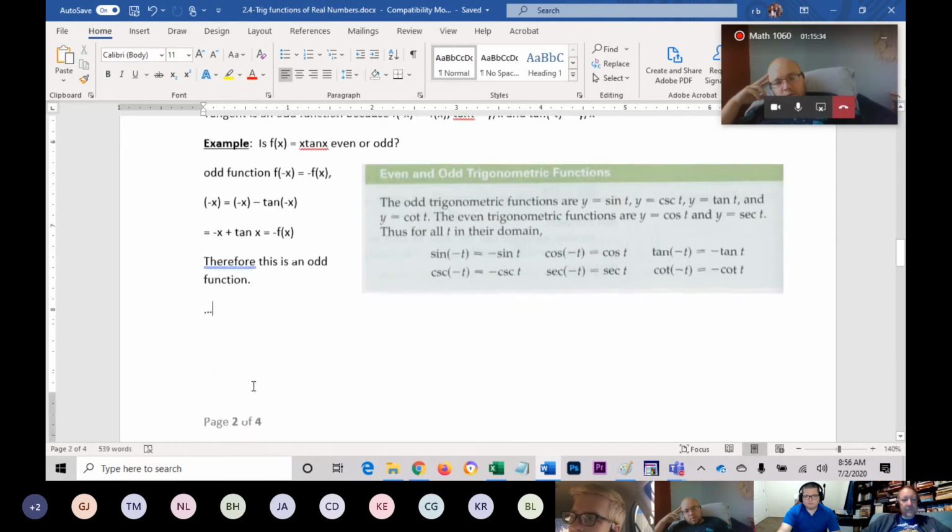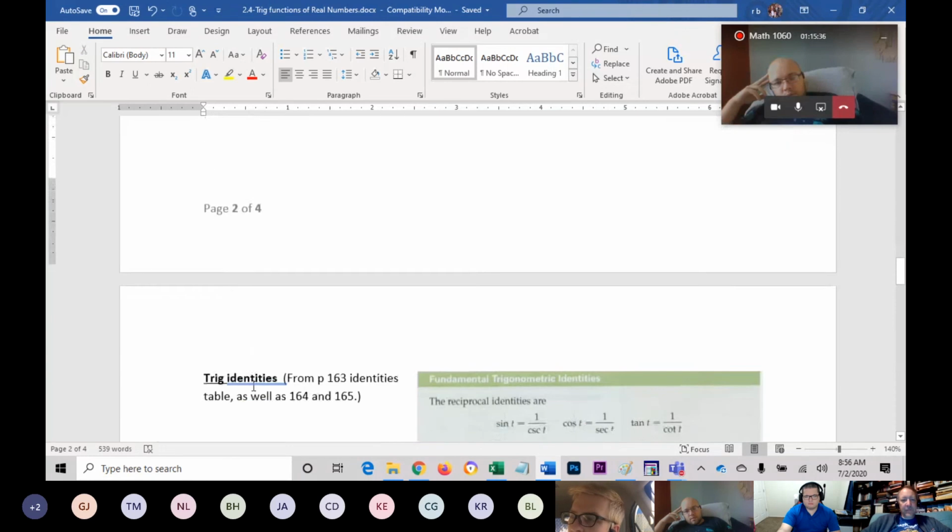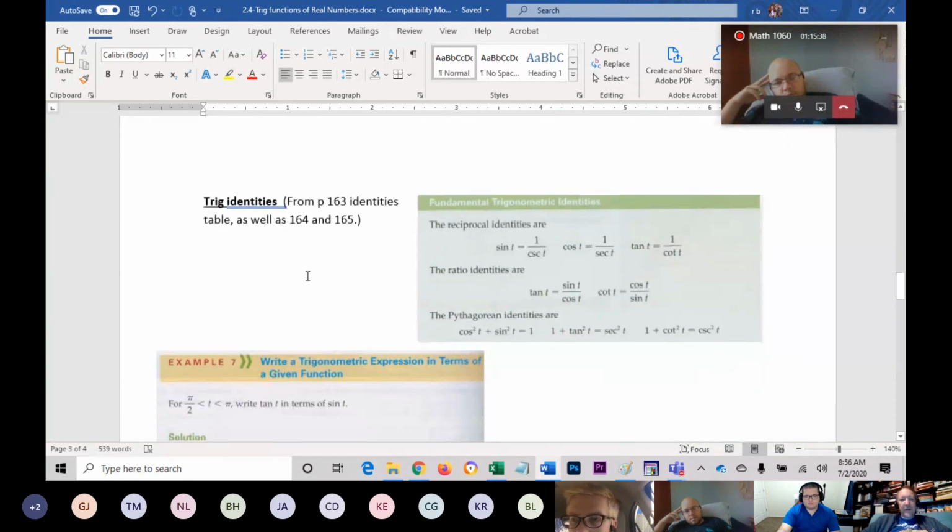All right, let's talk a little bit about some trig identities. This is from page 163. So you guys know that the sine of t is 1 over the cosecant, the cosine of t is 1 over the secant, and the tangent of t is 1 over the cotangent.